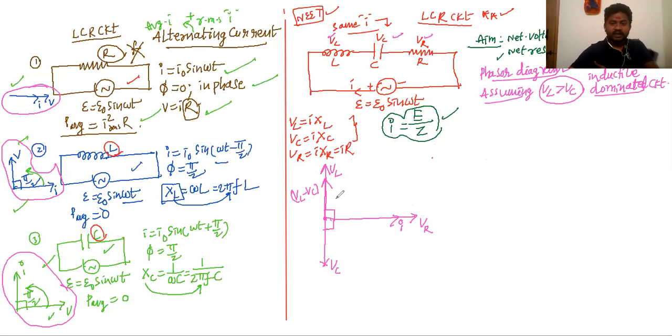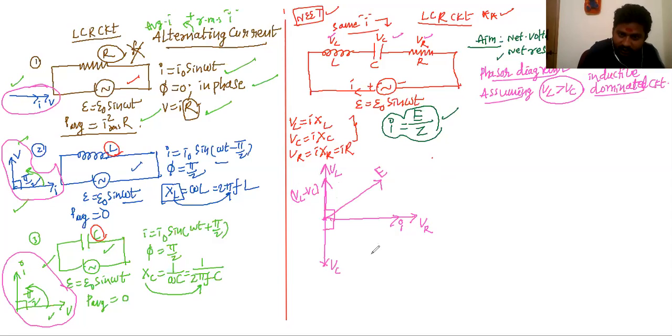So now there are two vectors. VR is one vector, and VL minus VC is another vector. These two vectors are at an angle of 90 degrees, and you can find the resultant vector now. That is the resultant EMF of this LCR circuit. So what is the resultant EMF, my dear children?